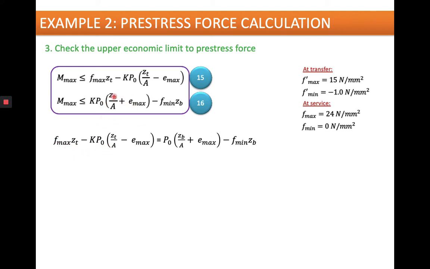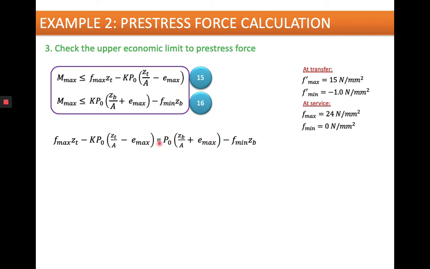So we have equation 15 on our left, and also we have the equation on our right. I need to do some correction here, because we actually need to have K here. So it's K P naught, K times ZB over A plus E maximum.